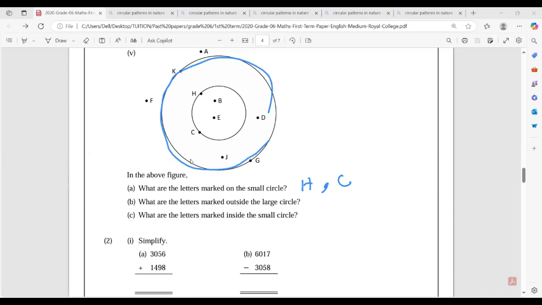So the letters marked outside should be F and A. Right. What are the letters marked inside the small circle? Inside the small circle are B and P. Right. Okay.